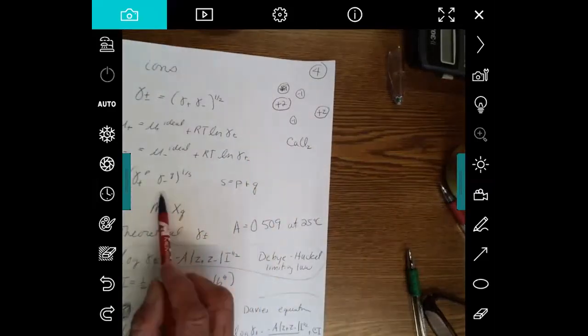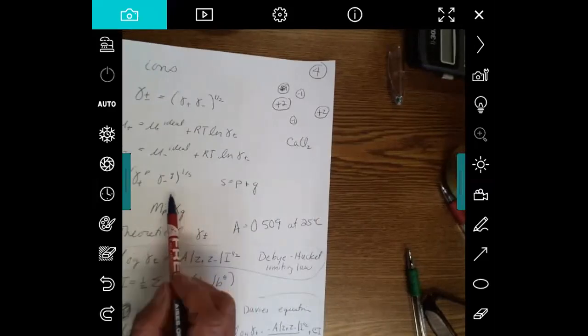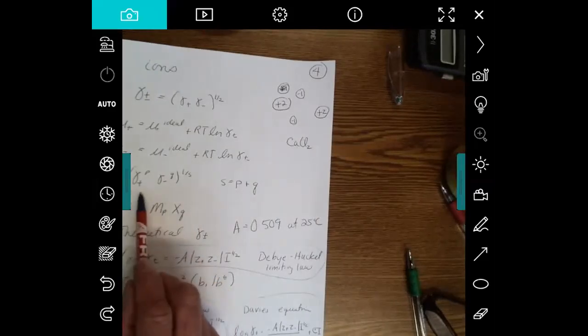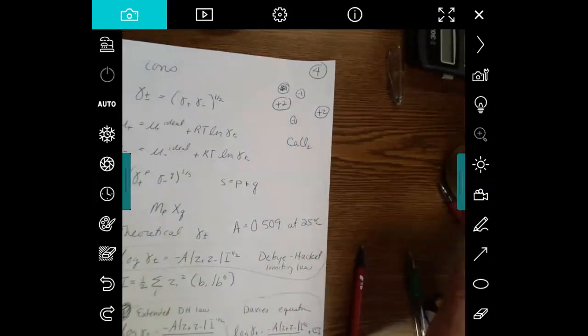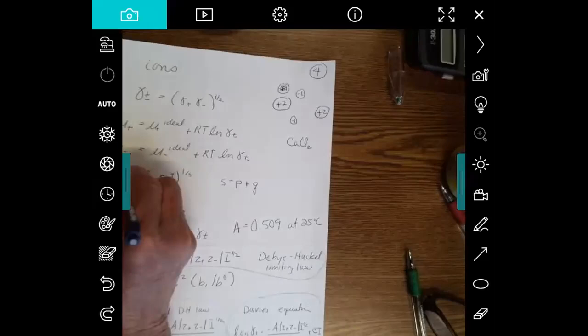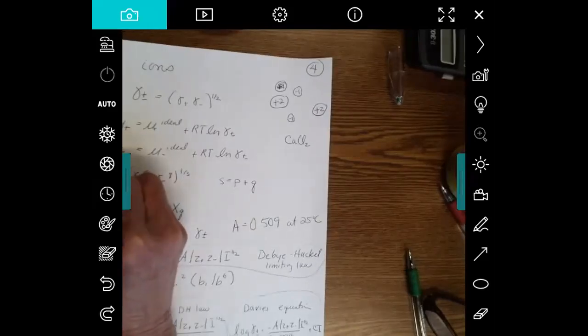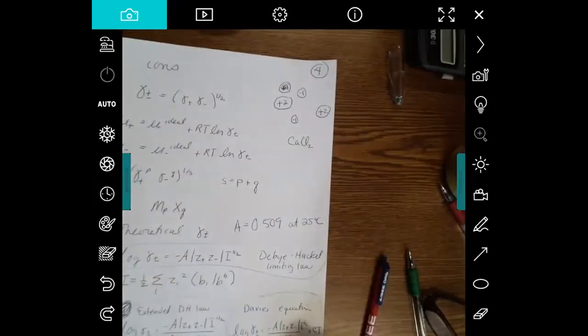This is just more general. If you don't have equal numbers of cations and anions, then the activity coefficients will be related to the charge on each of those ions. So this is equal to the average activity coefficient.